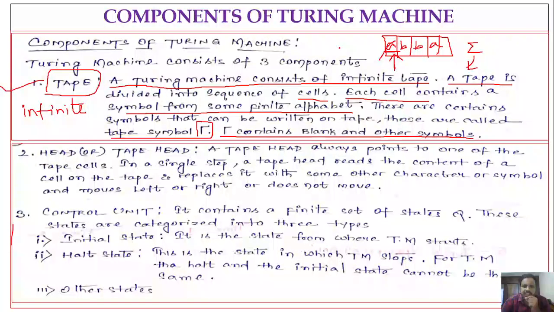So the head that we consider in the Turing machine performs read as well as write operation, right? So first we read an input from the input tape, and then after reading it, we perform a write operation there, right?